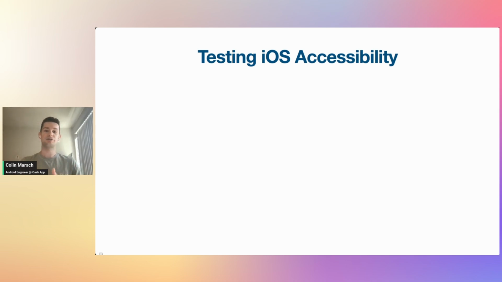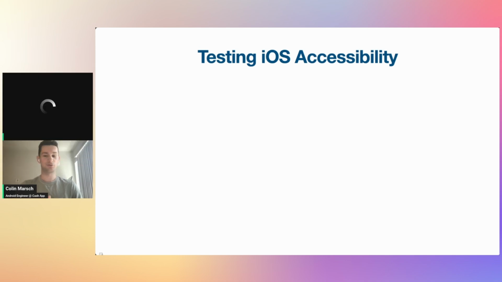So there are still some changes that may be coming to the way iOS accessibility functions in Compose multi-platform, but these are some configuration options that I found helpful to set up when testing the accessibility on iOS simulators myself. A caveat there is that you will need a Mac computer to build and run the iOS app from your multi-platform project.